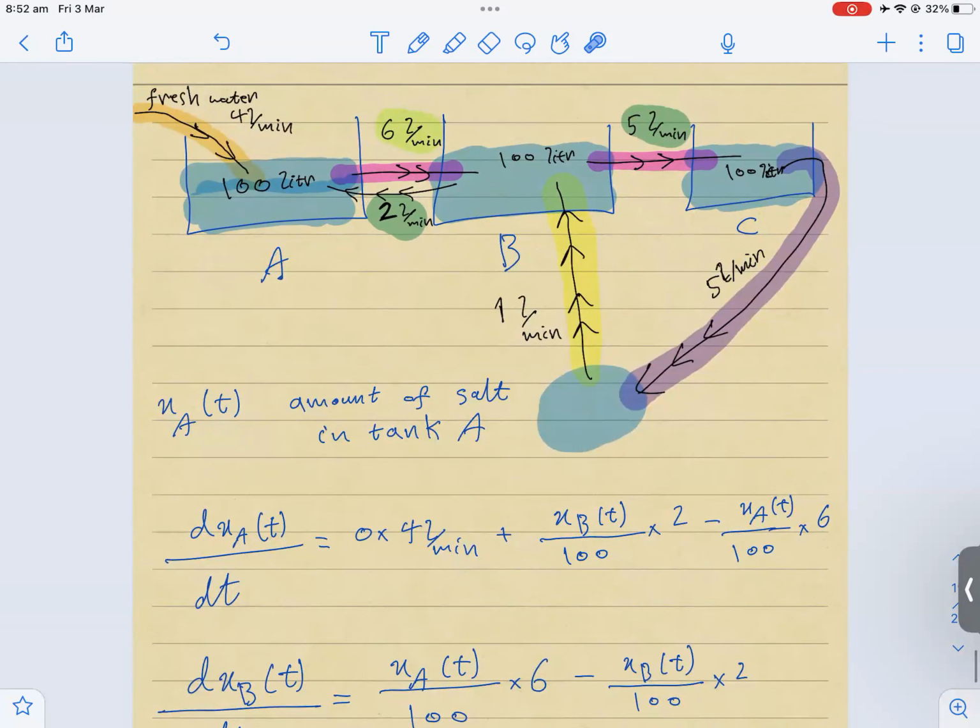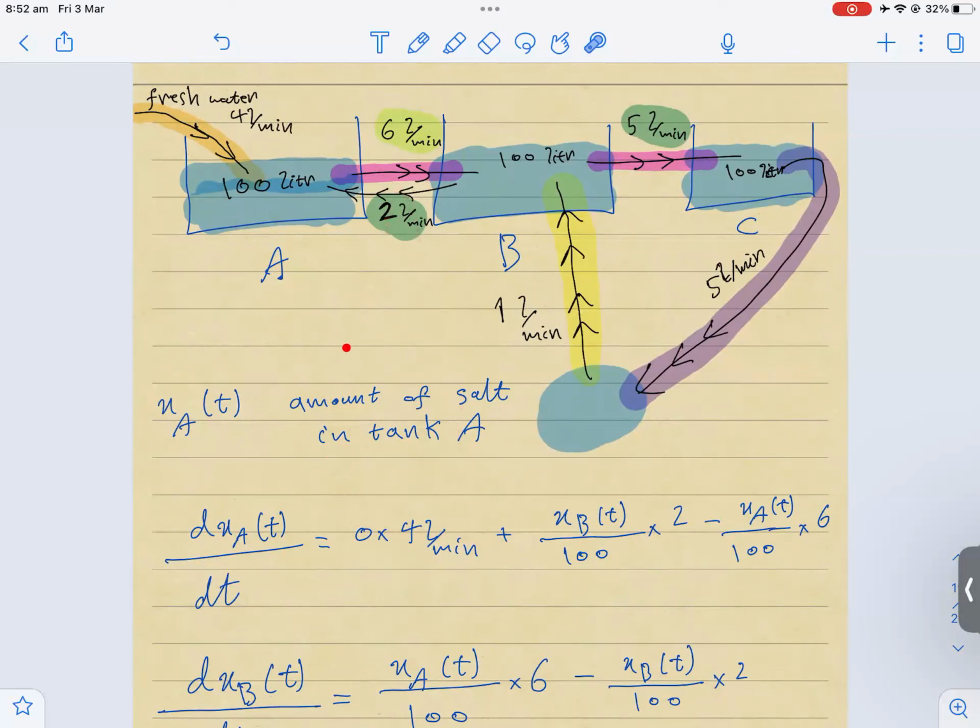So let's have a look at one of the differential equations, tank A. You see that 0 times 4 liters per minute. Why have I written 0? Because the concentration of salt in the fresh water is 0, I hope.